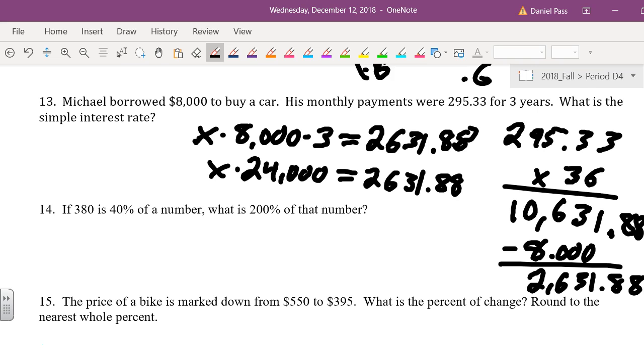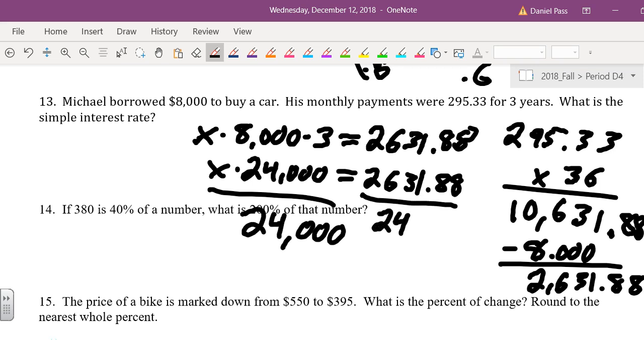Now what? Now you divide that by 24,000, to isolate the variable. Excellent. Now we're going to get an excellent answer. I can feel it.